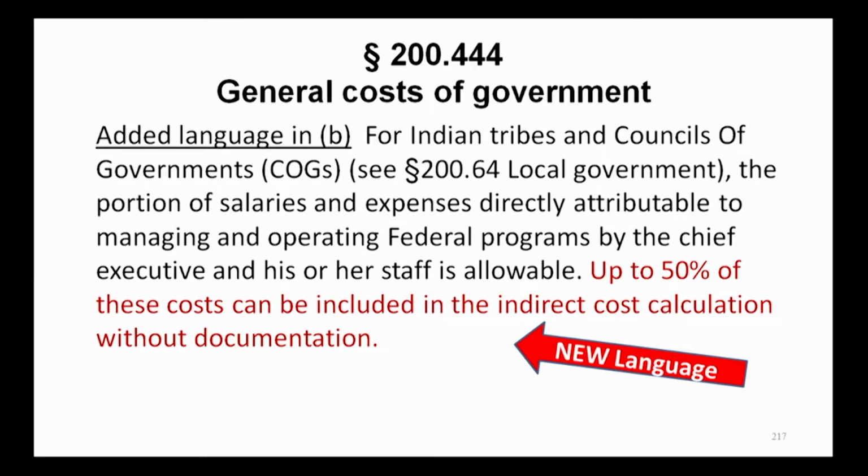So in my chief, my tribal chairperson, his salary, I can charge off 50% to the indirect cost pool, and I don't need to support that with any documentation that he is indeed managing 50% of that time.